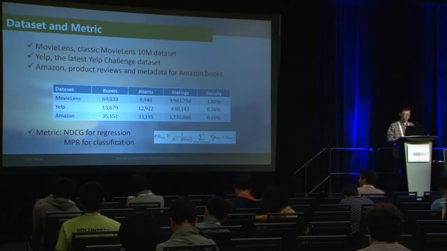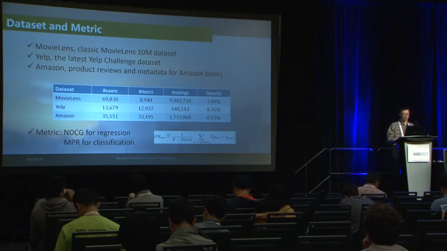The formula of percentile rank is shown on the right. Intuitively, PR subscript mn equals 0 means item n ranks number 1 in the preferred list of user m, and it equals 100% when item n is the last preferred item of user m.